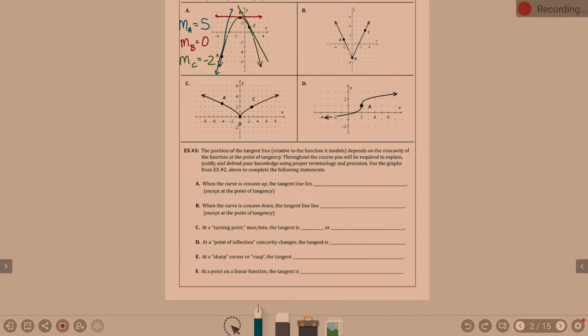Let's see. A. What happens when we draw the slope of the tangent line here? It's the same as that line, isn't it? Okay. So the slope at A is going to be whatever the slope on that side of the graph is, yes?